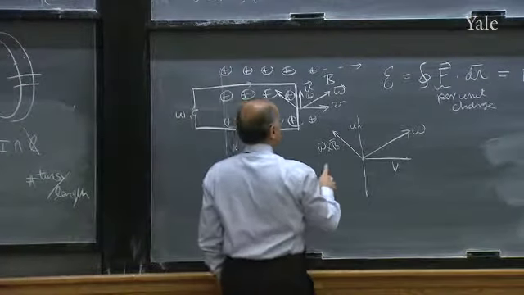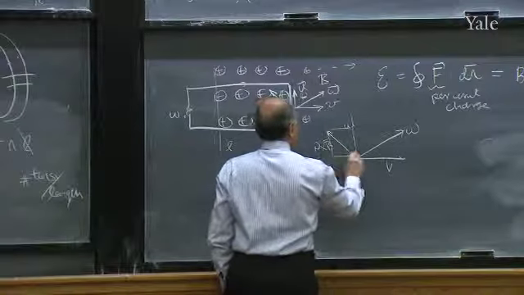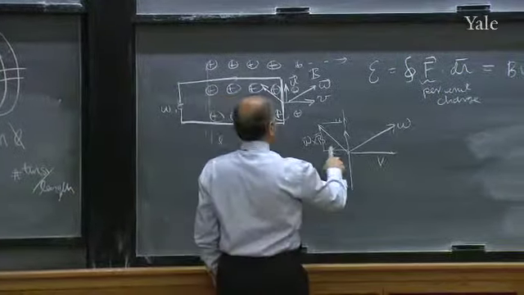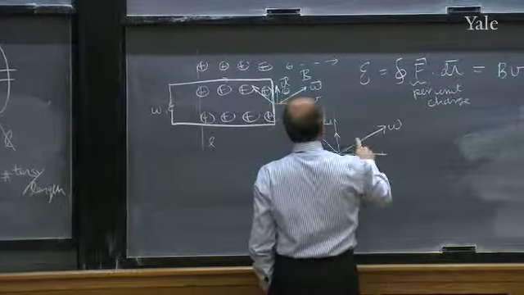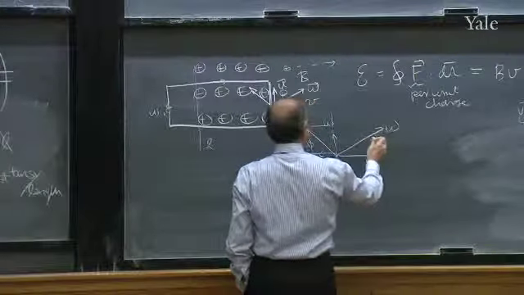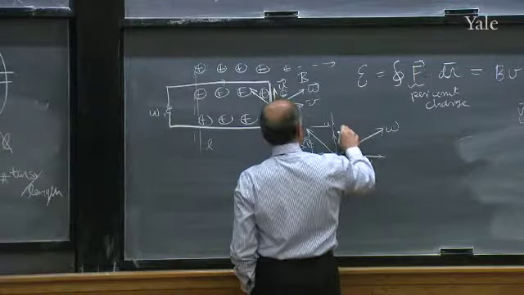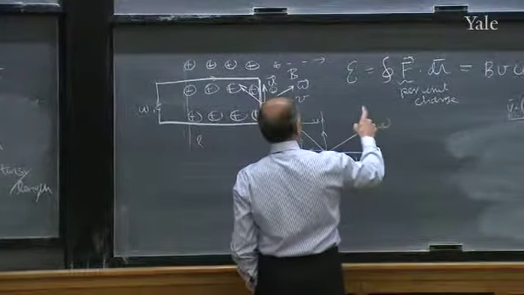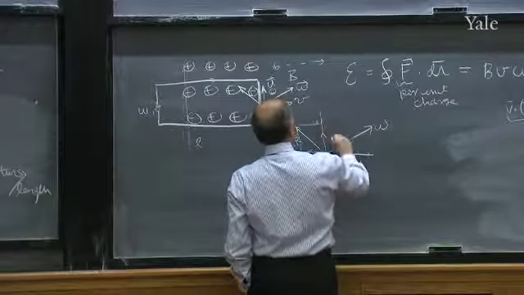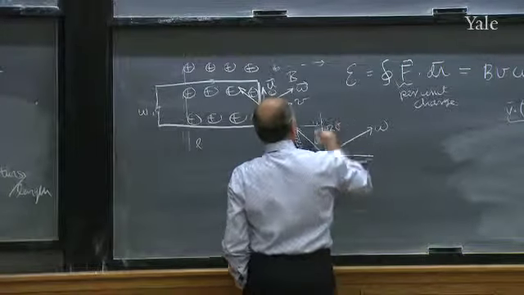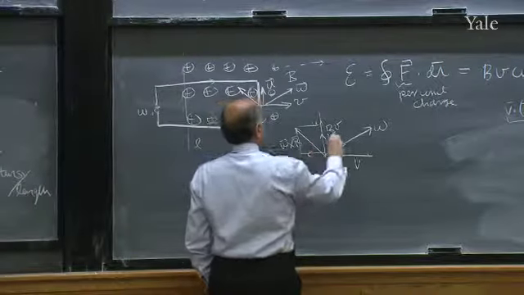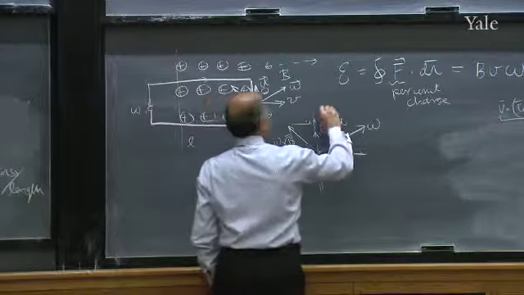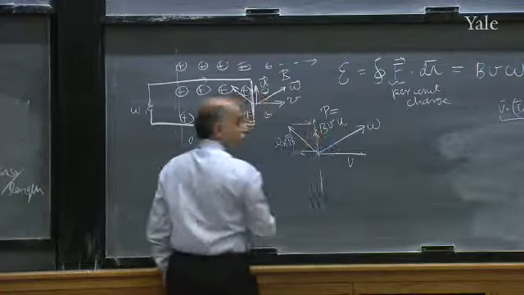And we can easily find out how much of the force is this part and how much of the force is this part. The force here is B times V, and the power is that times U. Power is BVU due to this portion.